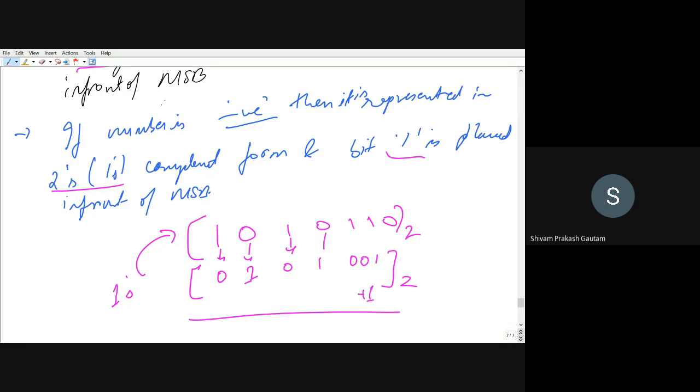So 1 plus 1 will be 10, so 0 will be here, and 1 carries, and the rest will be the same. So this will be the 2's complement representation of the binary number. So 1's complement and 2's complement are clear, I guess. For calculating the 1's complement, you just interchange 1 and 0. For calculating the 2's complement, you add 1 to the 1's complement so that the result is the 2's complement.